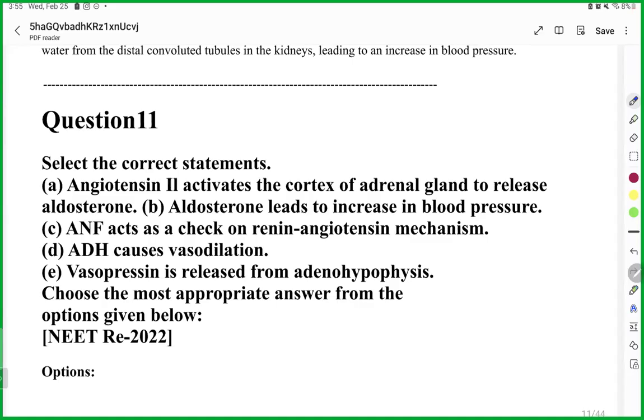Yes, Barinder. E is correct. A is correct. Angiotensin to activate the cortex of the gland and produce aldosterone. Correct. Second.